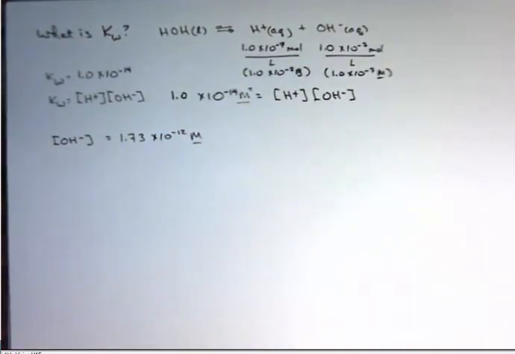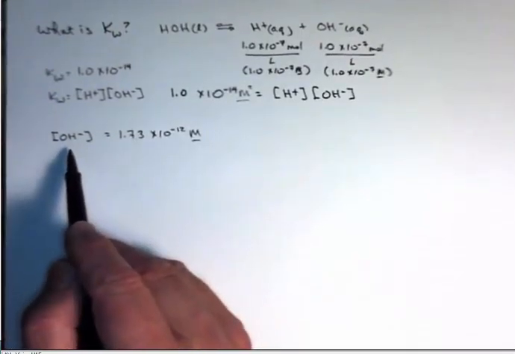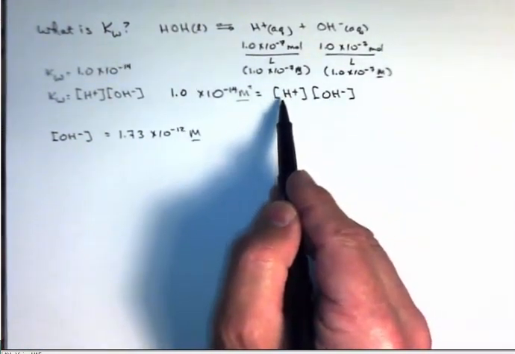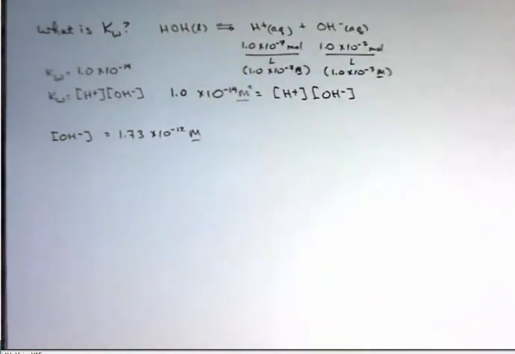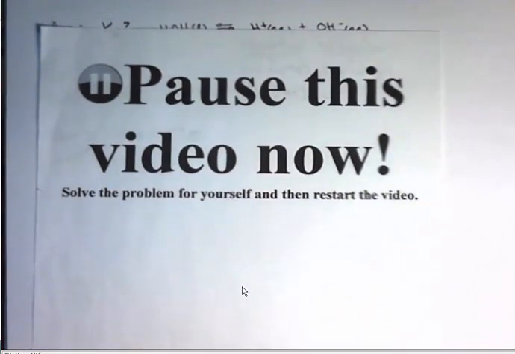So let's pause the video and let you guys do that now. Plug it into the equation. This is just like solving Boyle's Law problems and gas laws. The math is the same. So plug this number in for the molar concentration of hydroxide ions and see what the hydrogen ion concentration comes out to be.